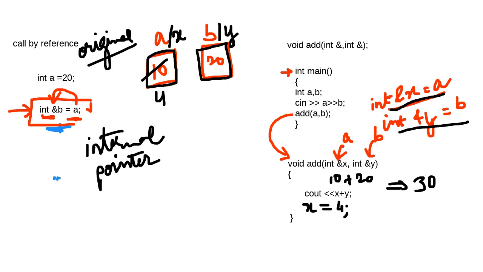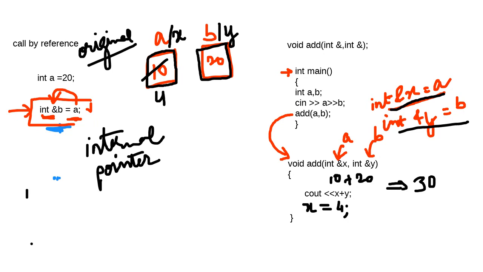So call by reference and call by pointer you're talking about, right? When you talk about a pointer, a pointer can be changed to point to different locations.